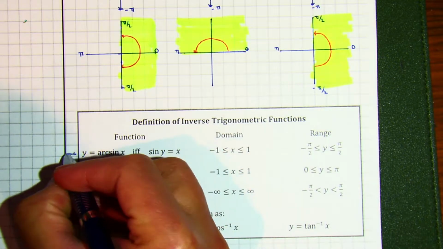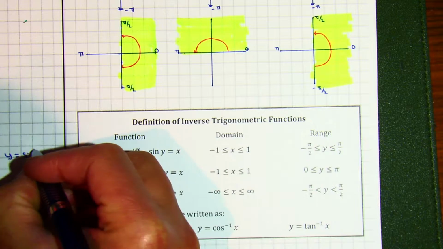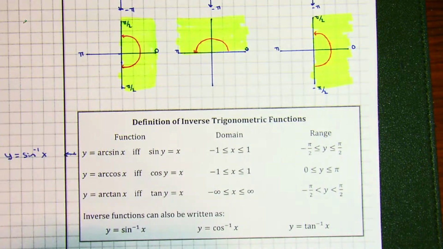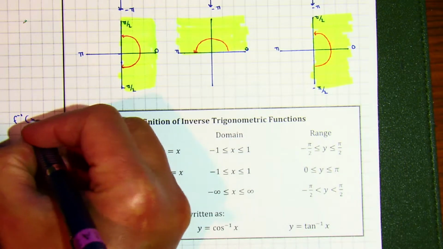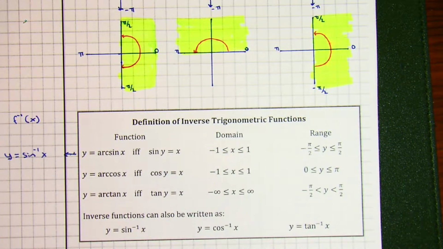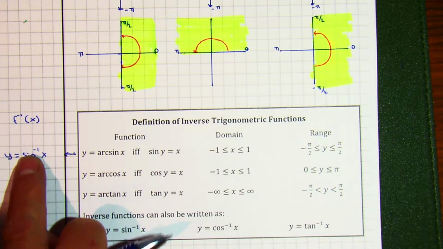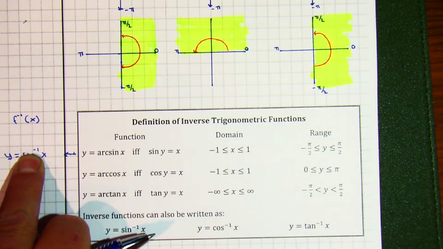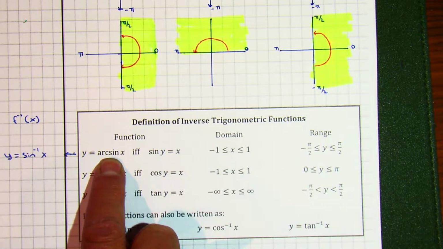I can rewrite this as y equal to the sine inverse of x. The same way that we were talking about inverse functions in chapter 6, on 6.1, those two expressions are the same. Just be careful, that's not an exponent. So that's why sometimes we prefer to write it as arc sine of x.